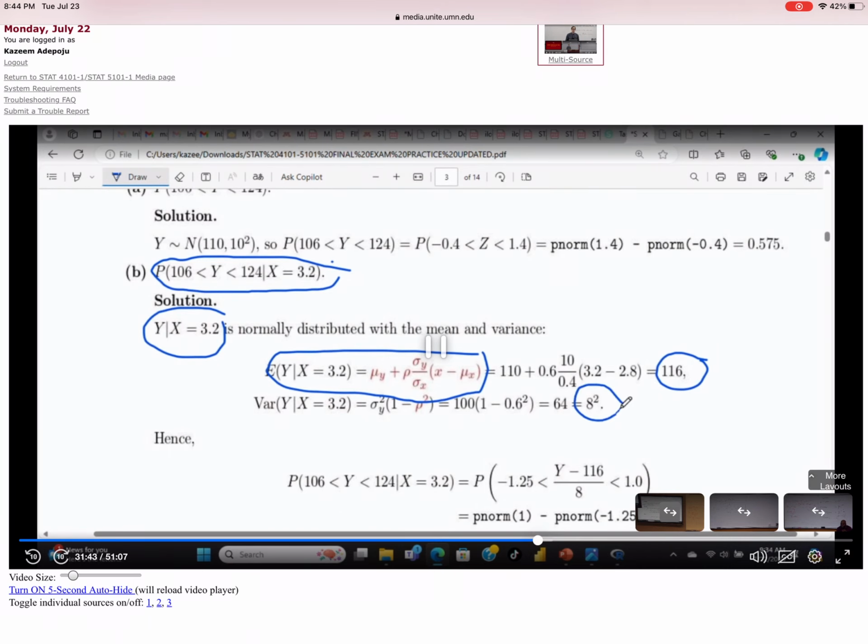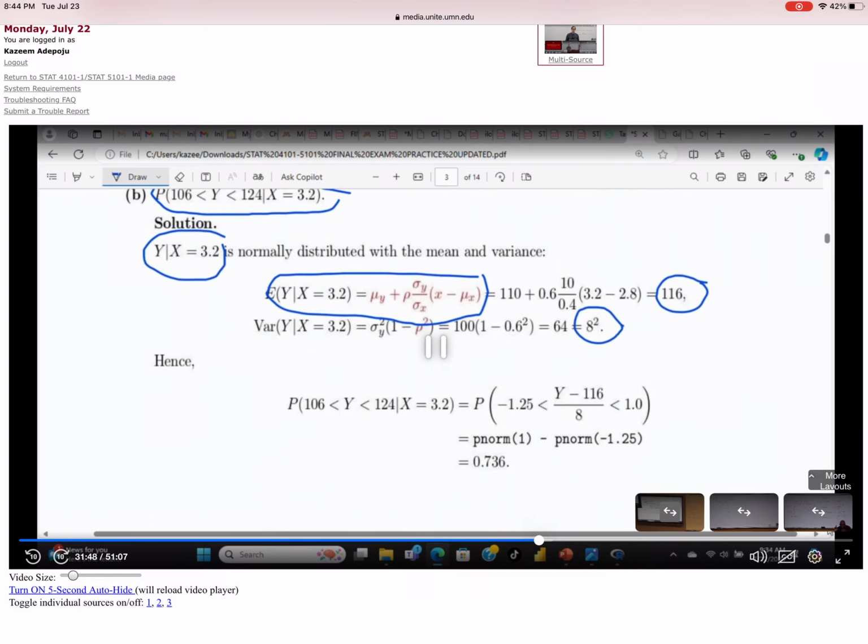Then I'm going to go into z again. Now I need you to pay attention right now. If you take a look at this, I'm using y minus the mean over standard deviation. Where did I get that? That is a conditional mean and conditional standard deviation.